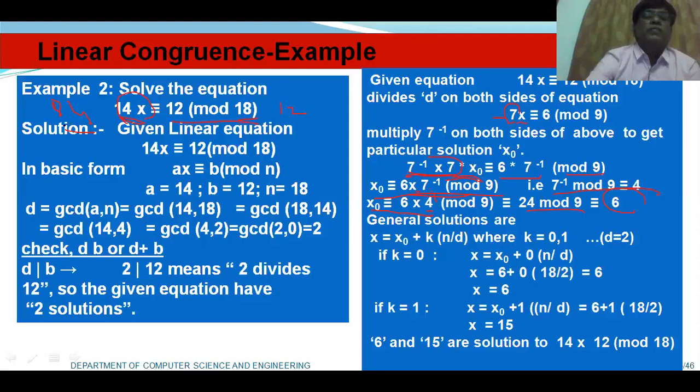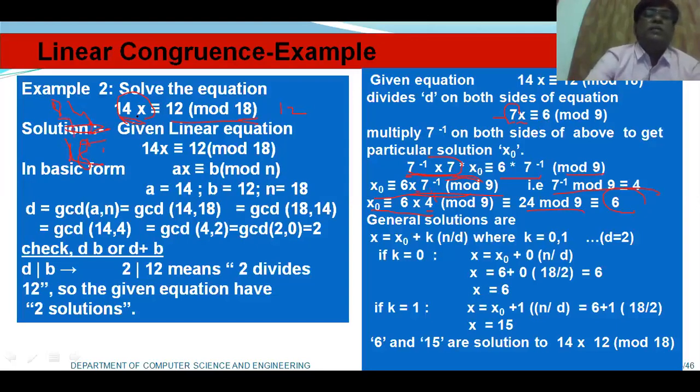So this 84 by 18, that means 18 threes, 18 fours, 18 fours is 72. So this is 72, remainder is 12.